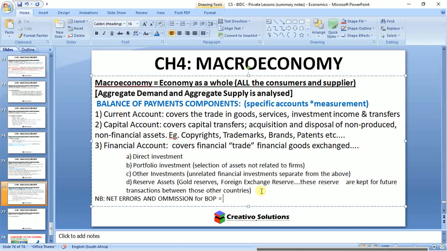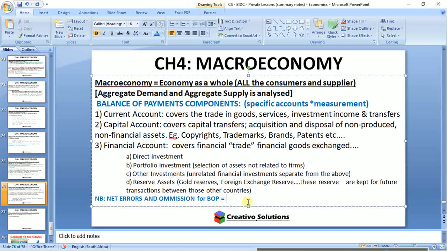Balance of payments. Right, so let me ask you this. If we are going to be transacting with other countries, how easy or difficult is it to keep control of all the money that flows between the two countries? It's very, very difficult. So that's what they're talking about here. The textbook says the balance of payments as a whole must always balance. It needs to be matched with a corresponding debit and credit.